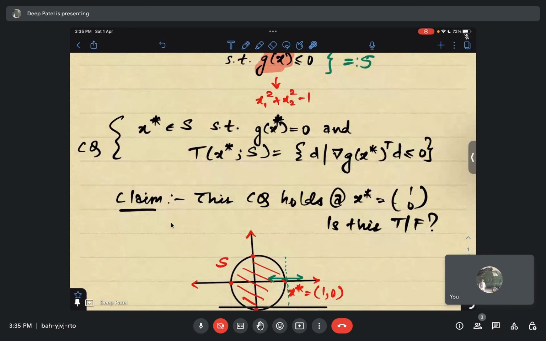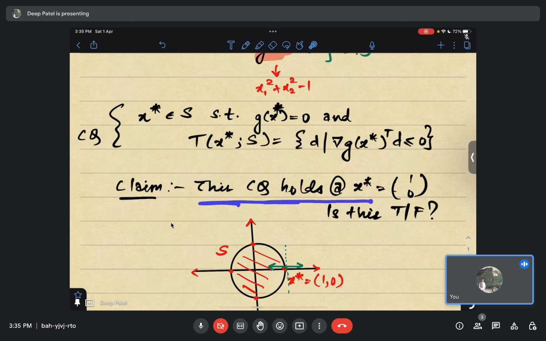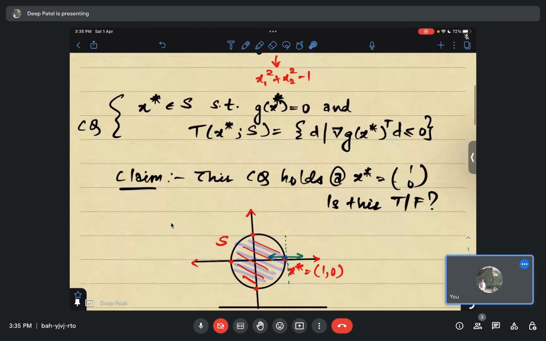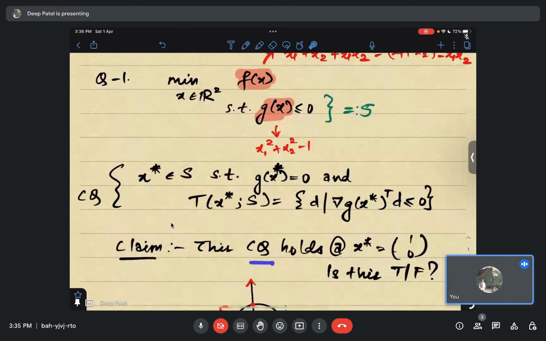So we want to know if this constraint qualification holds at x star equals (1, 0). So if this is our disk, this is our feasible region, and we are at this point x star equals (1, 0), then we want to know if the constraint qualification holds or not at this point. So what does it mean to say the constraint qualification holds, just to make sure we are on the same page?